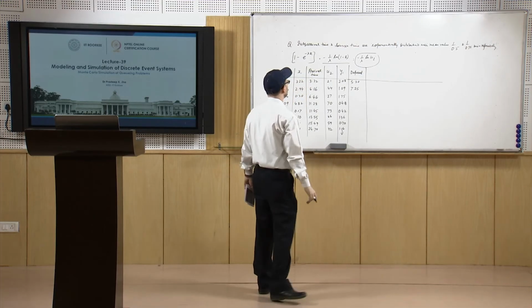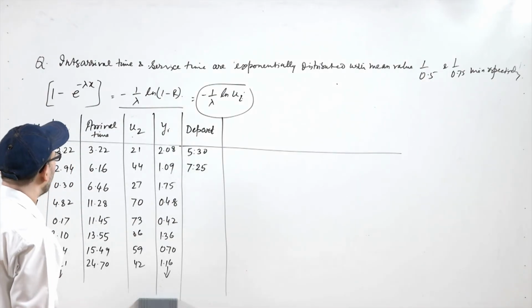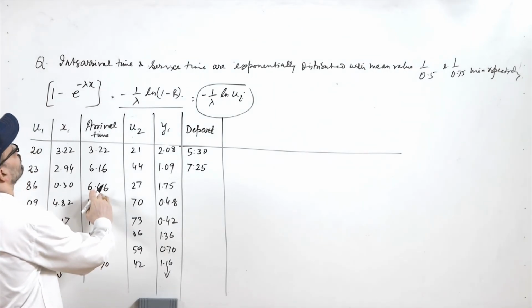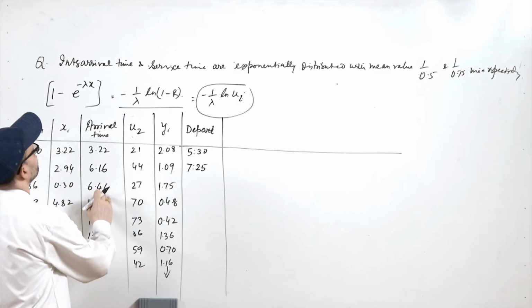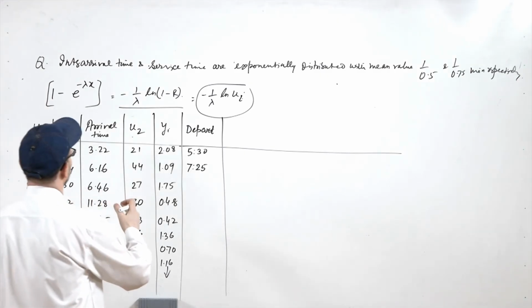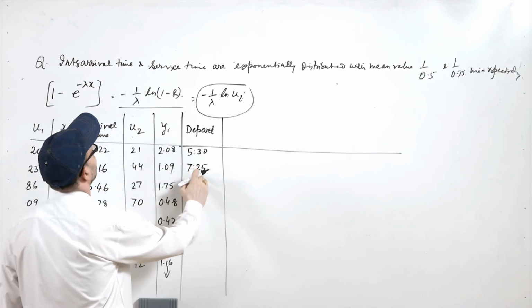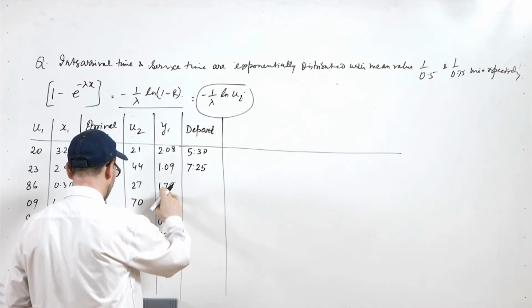So, this person will go out of this queue at 7.25, and at 7.25 the next person will be able to go into the queue. So, he has to wait from 6.46 to 7.25. Then you have the waiting time, and from 7.25 onwards he has the service time of 1.75.